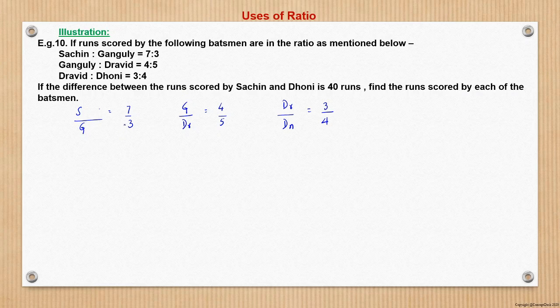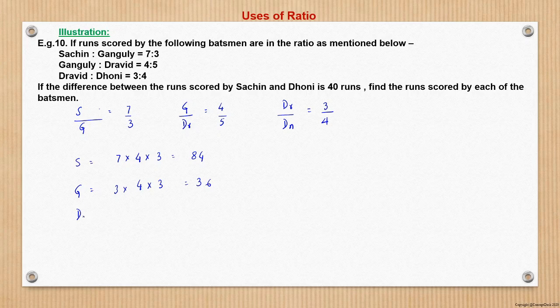So we'll find the ratio of all the terms. So how does this happen? Let us see. So Sachin, we can write as simply the product of numerator 7 into 4 into 3, 84, right? Then Ganguly we can write as what? We replace the first numerator by first denominator, 3 into rest of the terms remains same, 4 into 3. So this is 36.